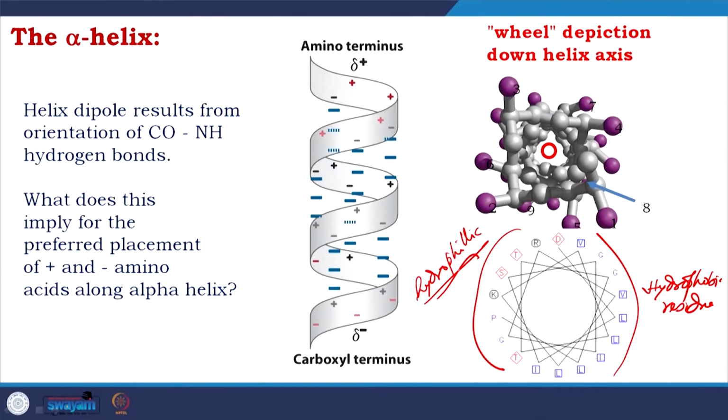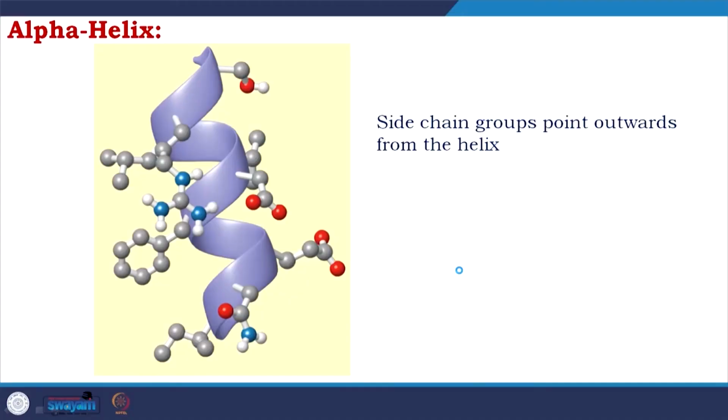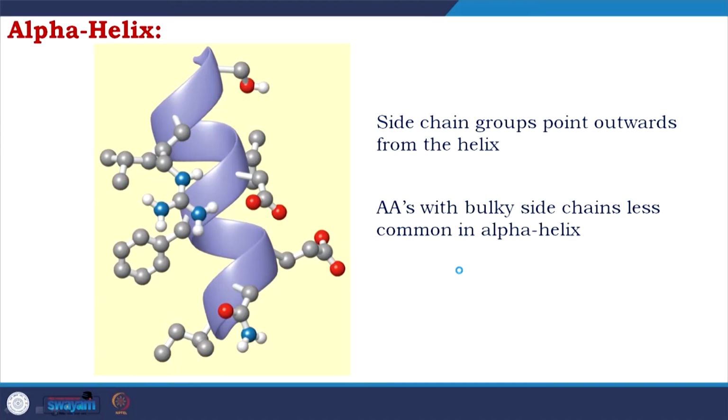But the way the helix is developed, definitely there are rules. The more you understand the rules, the better you understand the protein. Side chain groups, as I told, point outwards from the helix. Amino acids with bulky side chains are less common in alpha helix.